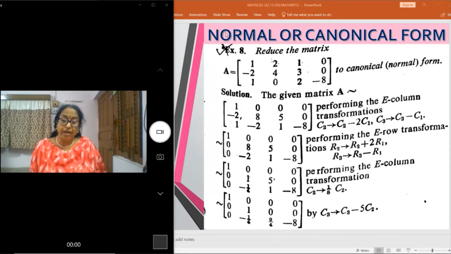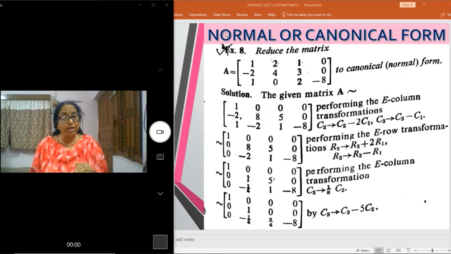In normal form, we first use the column transformation, making the topmost members of each column equal to 0, and then the row transformation to make the first column equal to 0.